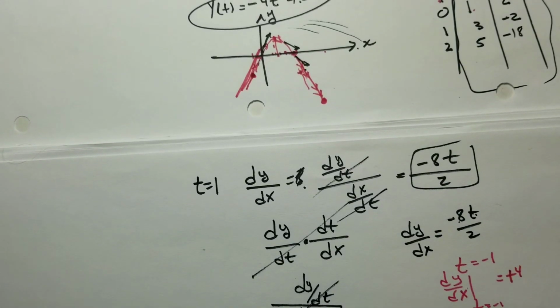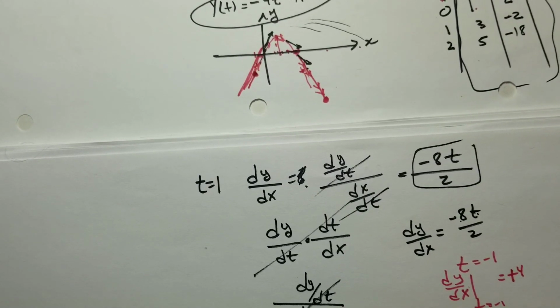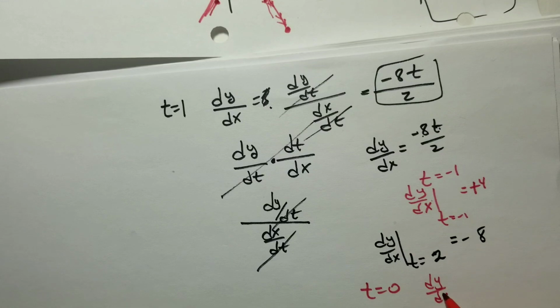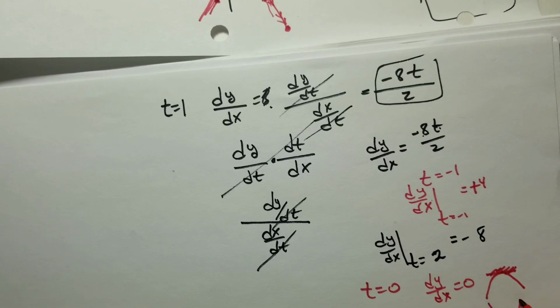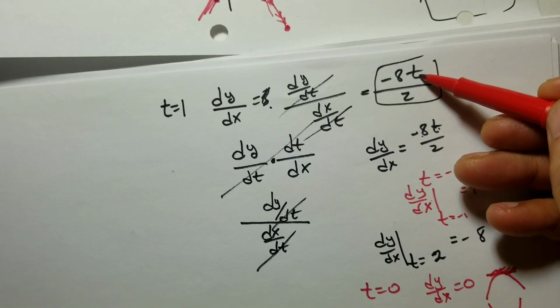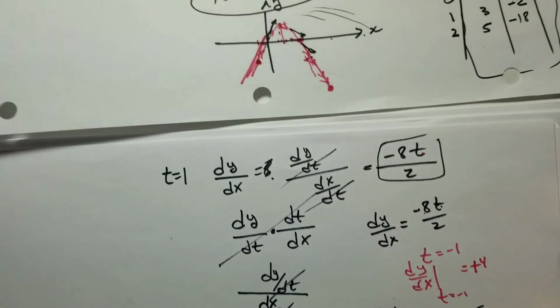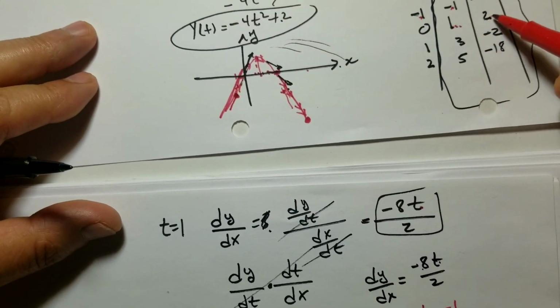But somebody said, oh, okay, when the t is 0, your derivative is 0. And when the derivative is 0, you have a turning point. I don't know if the turning point is a max or a min. Therefore, when the t is 0, your derivative is 0. Oh, when the t is 0 it is 1 and 2.